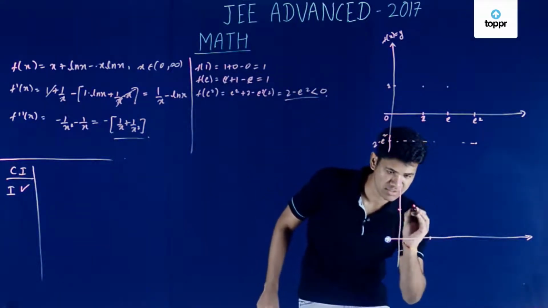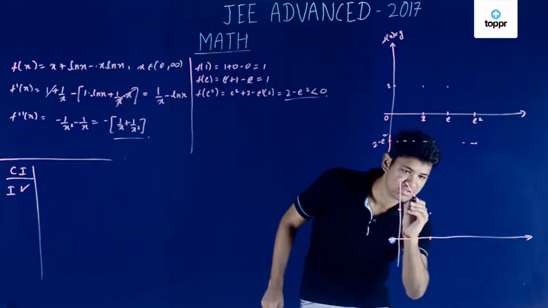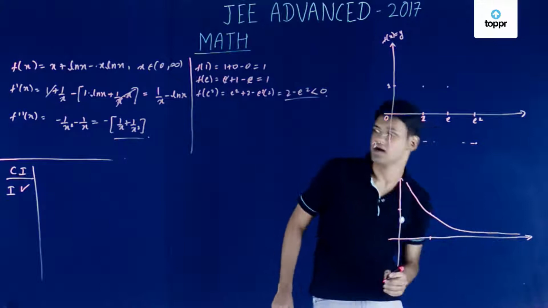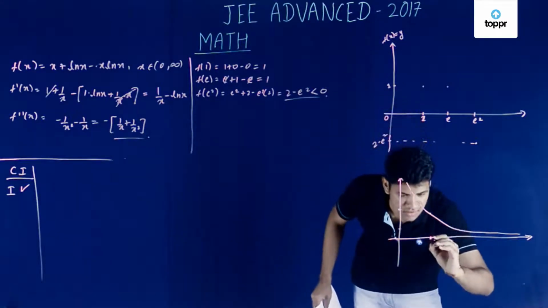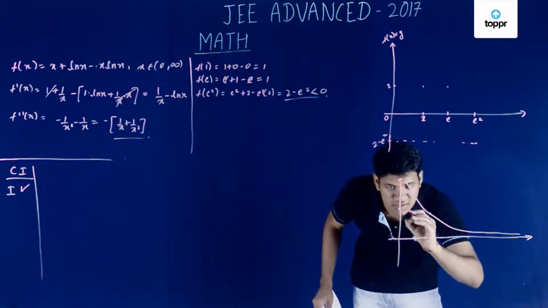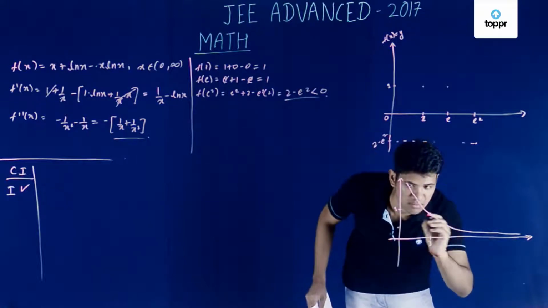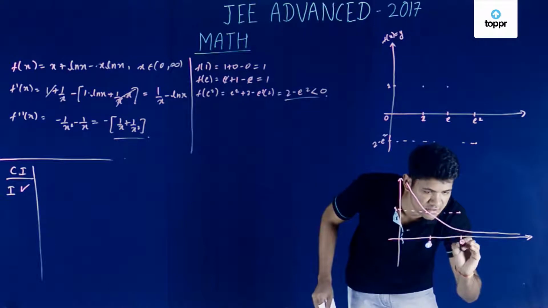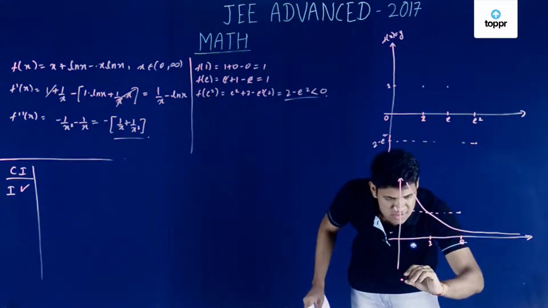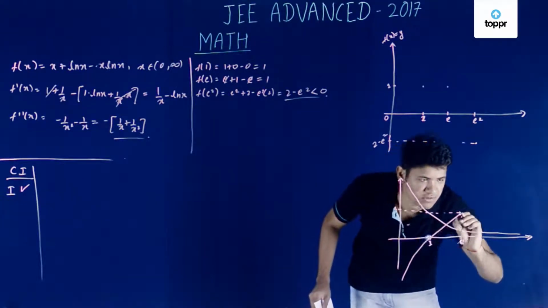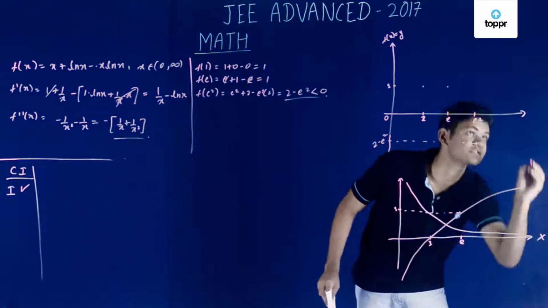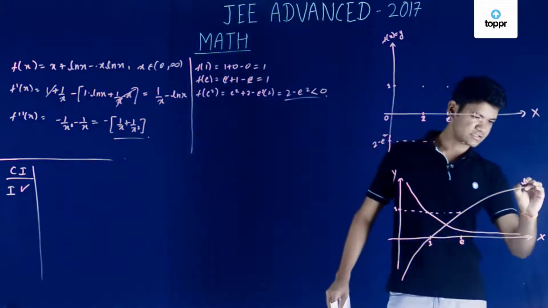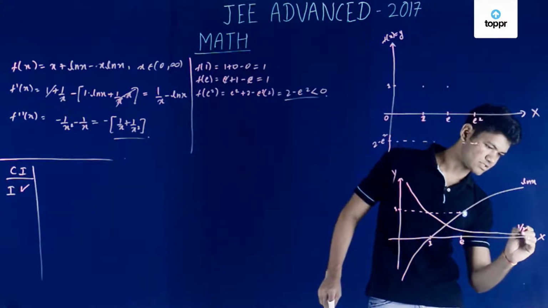The graph of 1 upon x is like this, and the graph of ln x passes through 1 here and becomes 1 at e. So yeah, the ln x graph looks like this, right? X-axis, y-axis. So yeah, this is ln x, this is 1 upon x.